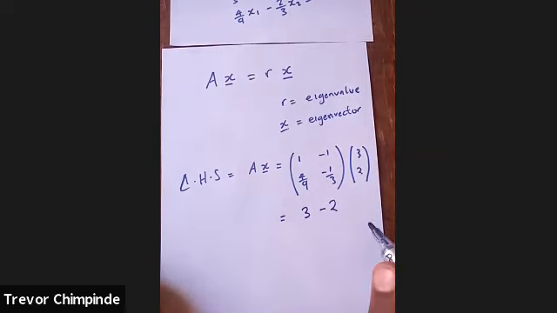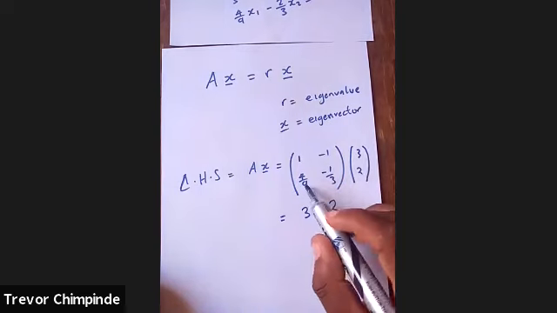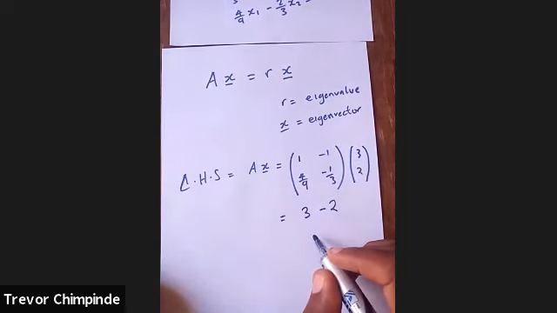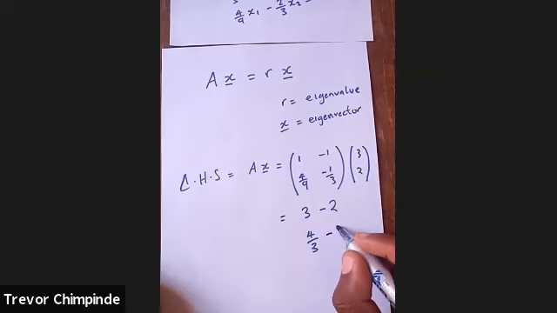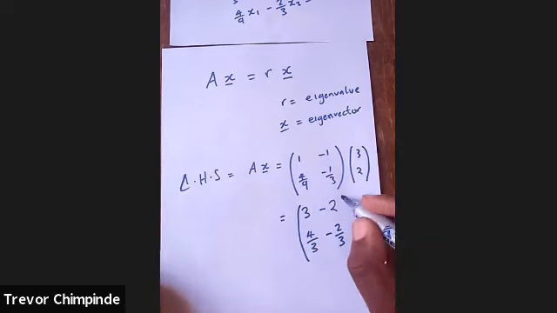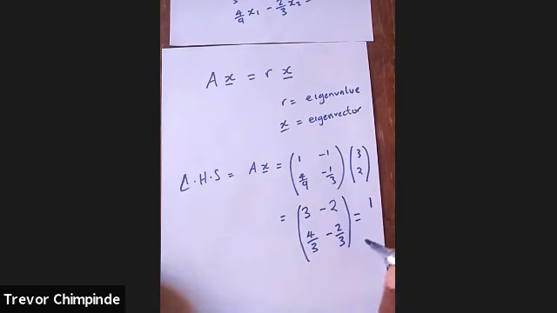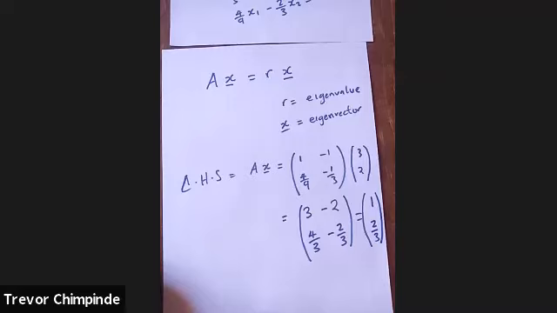So it's 3 minus 2. Then 4/9 times 3 is 4/3, and minus 1/3 times 2 is minus 2/3. So this is what you get, and it gives you 1 for the first entry. The second entry is 2/3.